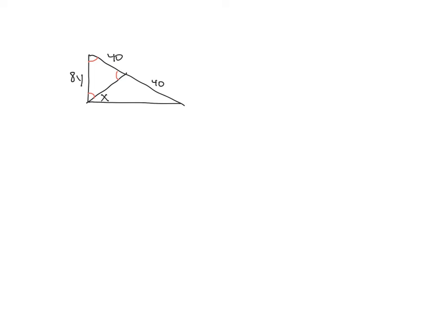If all the angles are the same, well, then all the sides are the same. So 8y equals 40. Fairly simple. So if the sides are the same, that would mean that this diagonal side is also 40.